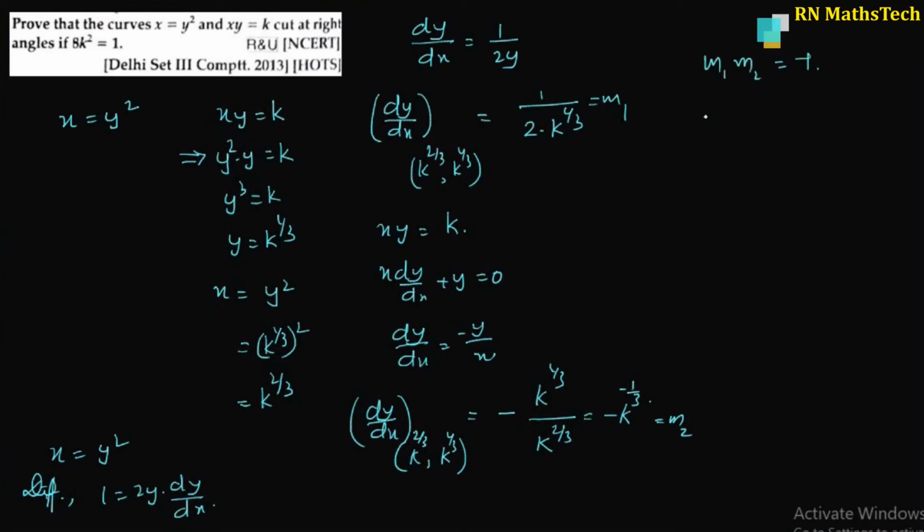Now m1 is 1 by 2 k raised to 1 by 3 into minus k raised to minus 1 by 3 is equal to minus 1, which implies 8 k square is equal to 1.